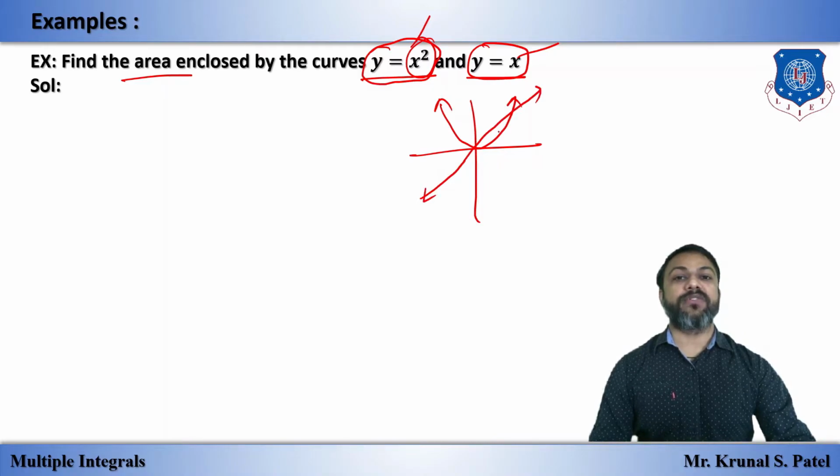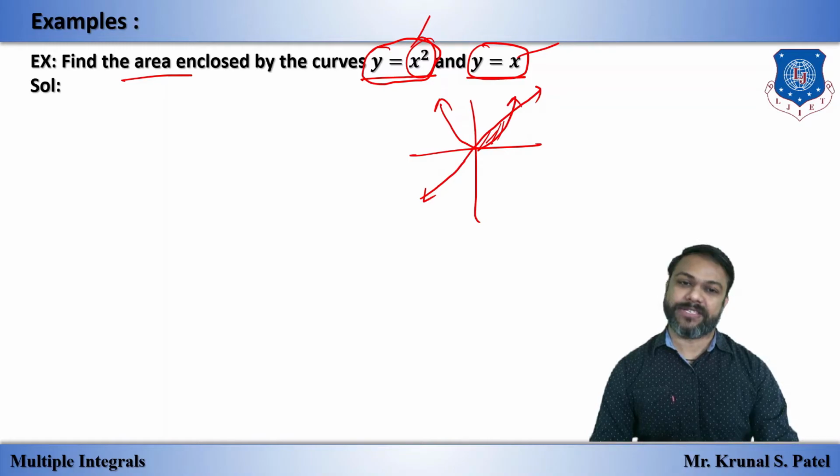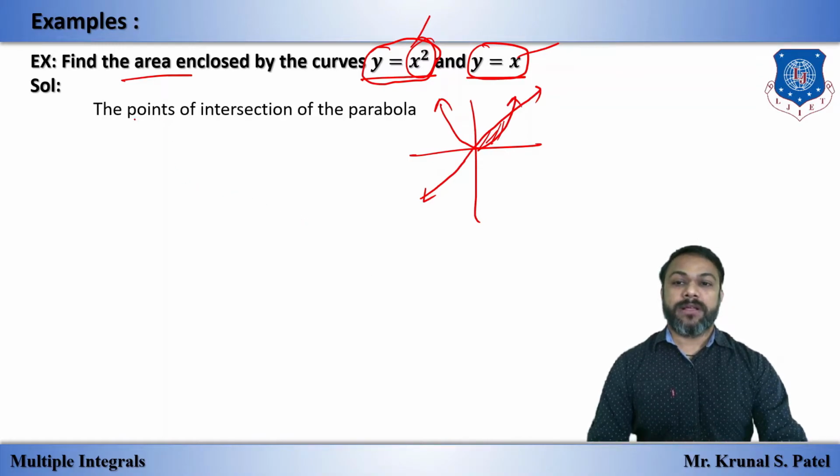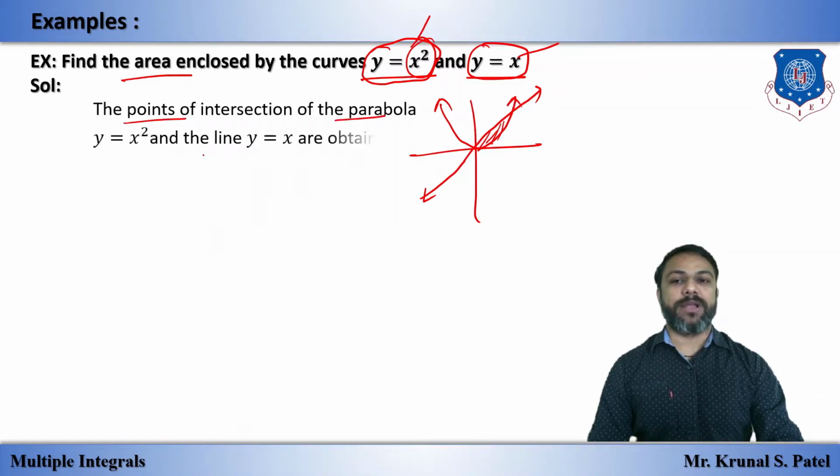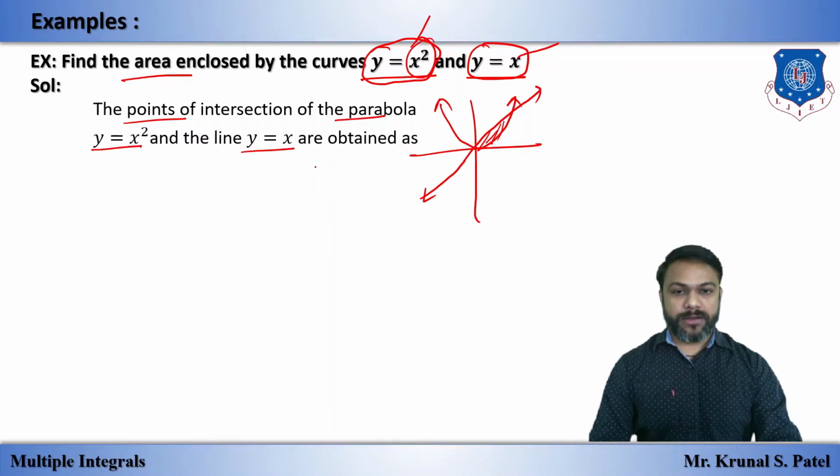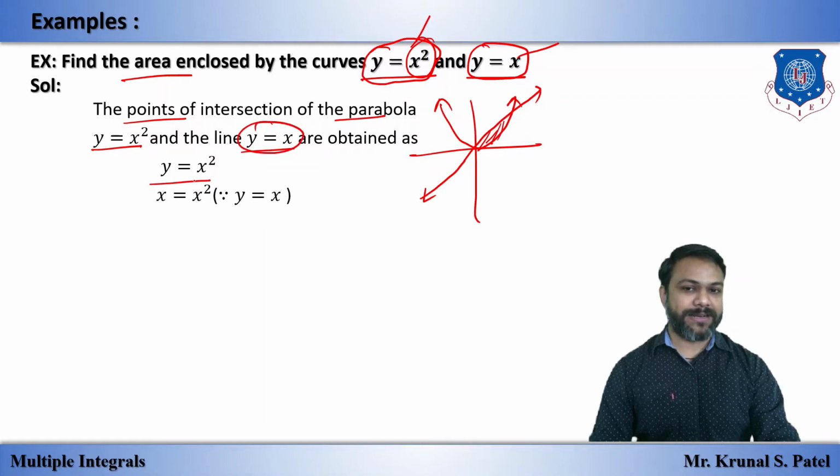First, after identifying the graph and the region, we will find the intersection points. The points of intersection of the parabola y is equal to x square and the line y is equal to x are obtained by y is equal to x square. We put y is equal to x inside this, so x is equal to x square.